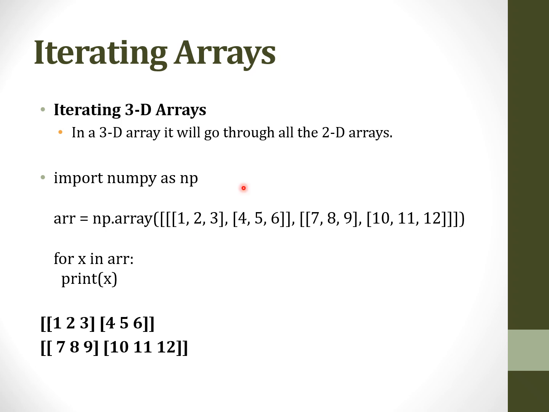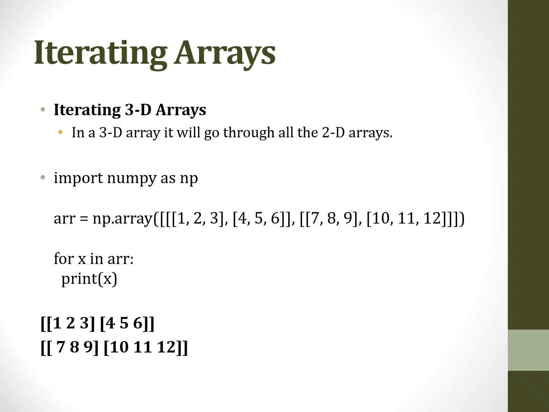It will go through all the two-dimensional arrays. If it is n-dimensional, it goes till n minus 1. So a 3D array will go through all the 2D arrays. 1, 2, 3, 4, 5, 6 is printed first, after which 7, 8, 9, 10, 11, 12 is printed in the second line.